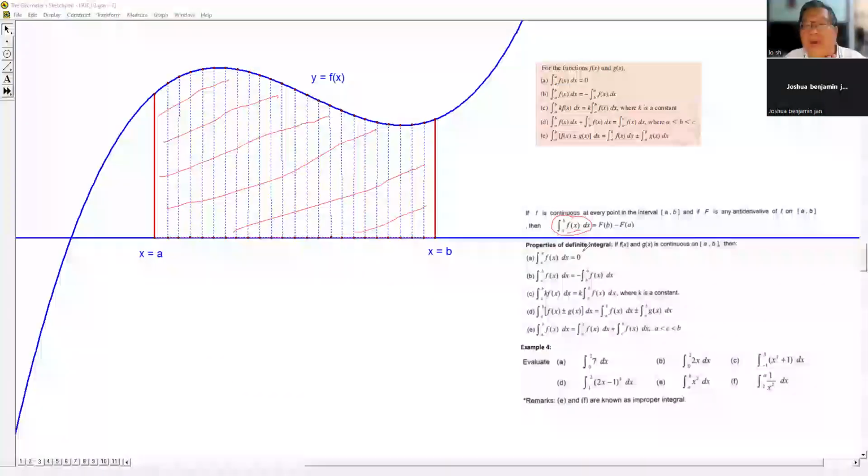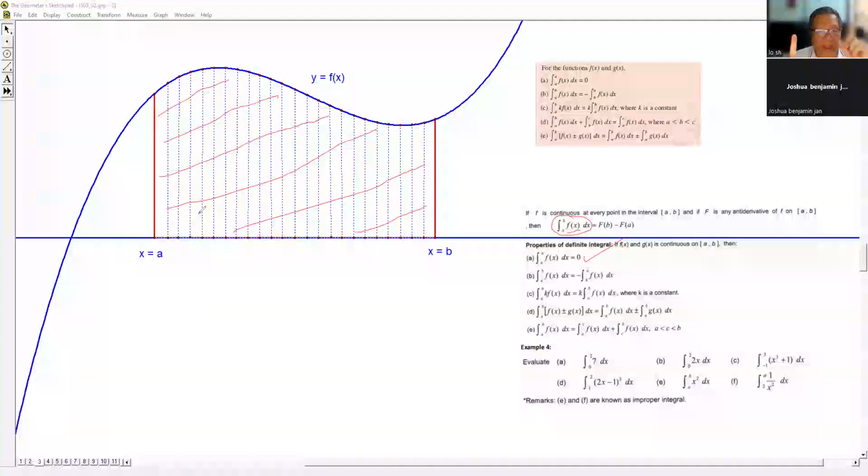Okay, so we go on to the first result. The first result. Integrate from a to a. Now, if you look at this, this is b. Now, this is a. If you integrate from a to a, that means this line b here, you move it until it overlaps with the a here.